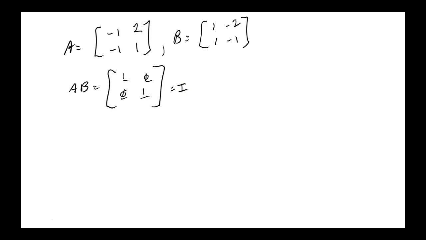We also need to show what BA is. So let's rewrite A over here as -1, 2, -1, 1. And let's do what BA is and see what that gives us.